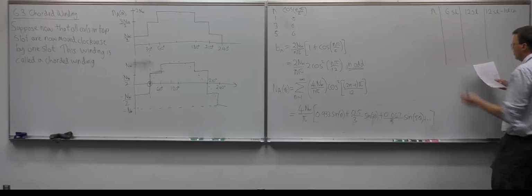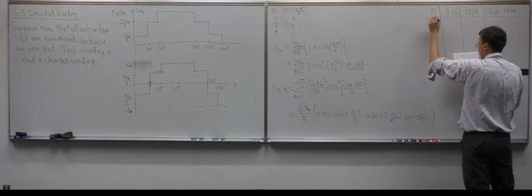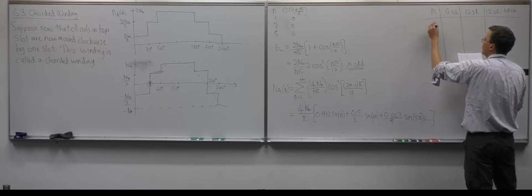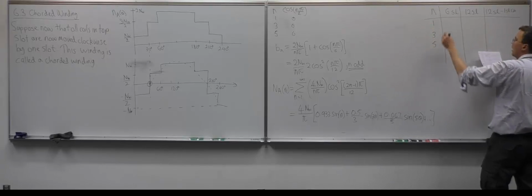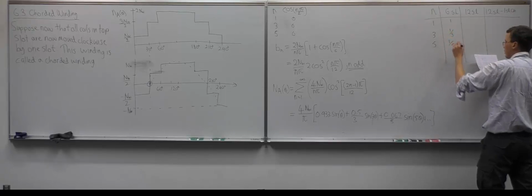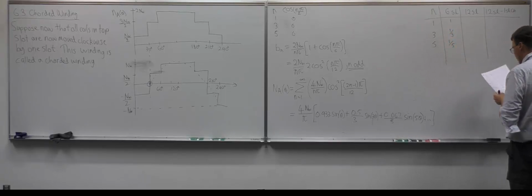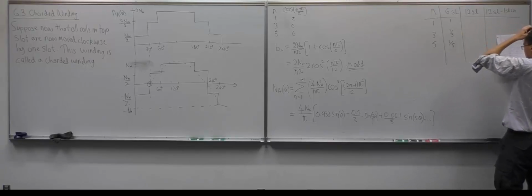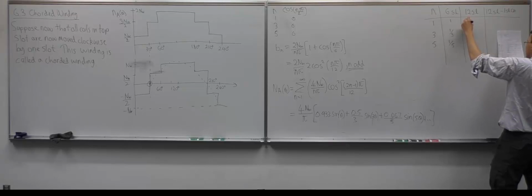And so for the 6-slot, we've got the odd harmonics, and we had 1 over 3, 1 over 5. Now, when we went to the 12-slot, we got quite an improvement because it's more sinusoidal.